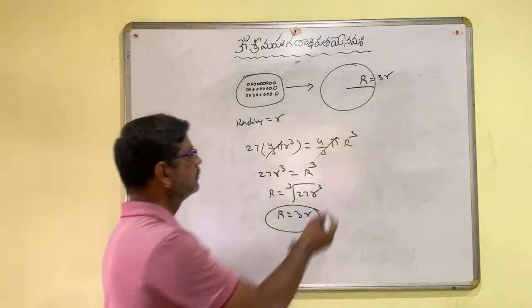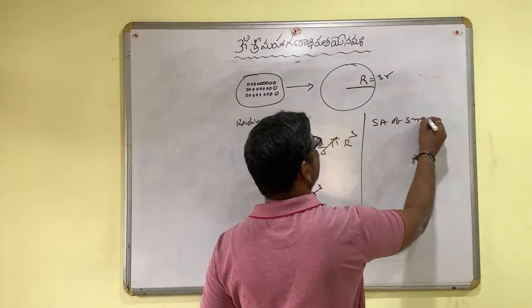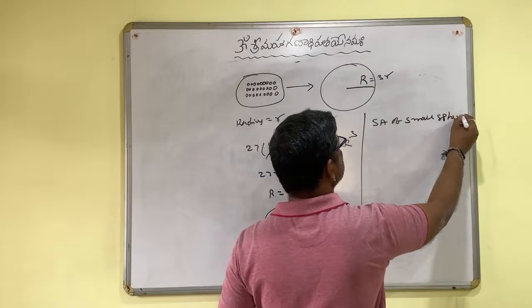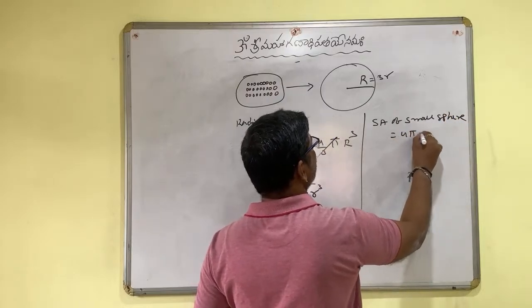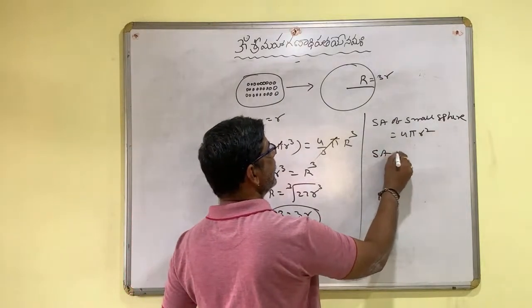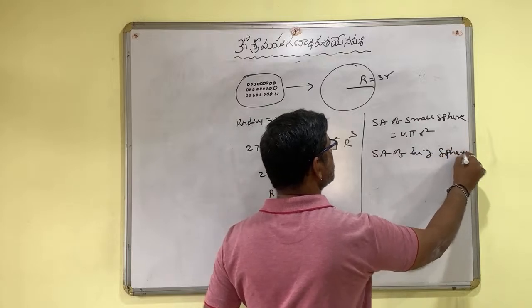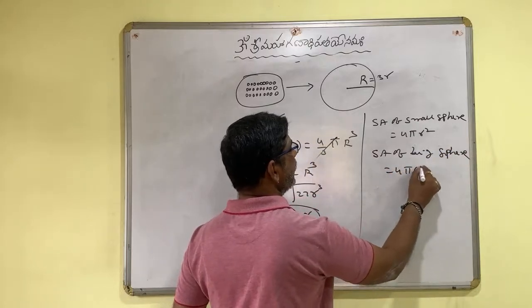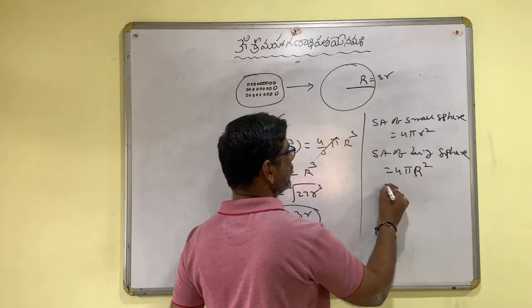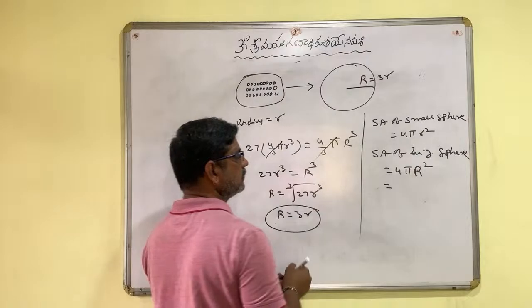Now, the surface area of the small sphere is 4 pi r square, and the radius is r. And the surface area of the big sphere is 4 pi capital R square. But capital R is nothing but 3r.